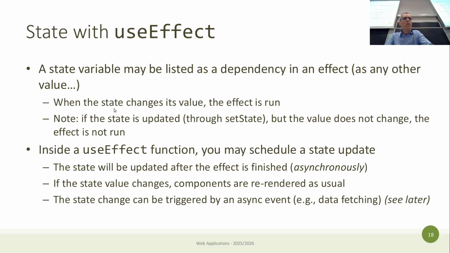When the state changes its value, the effect is run. If the state is updated through the set state, but the value doesn't change, the effect is not run. But also it's not re-rendered. React always compares the previous value with the current value.